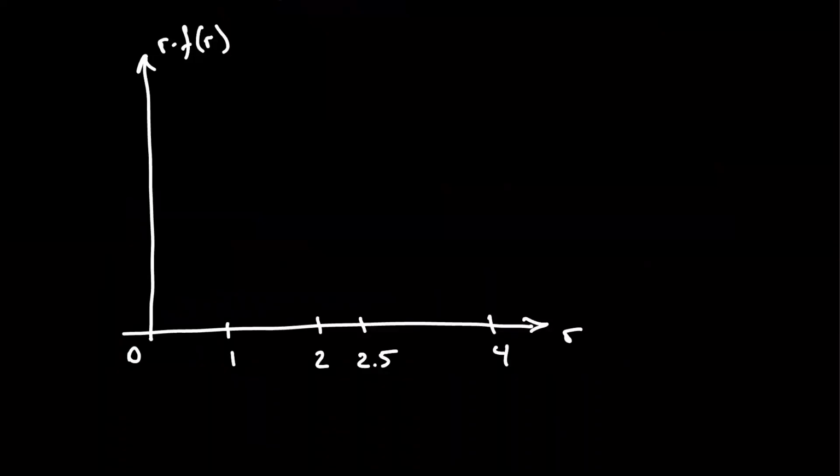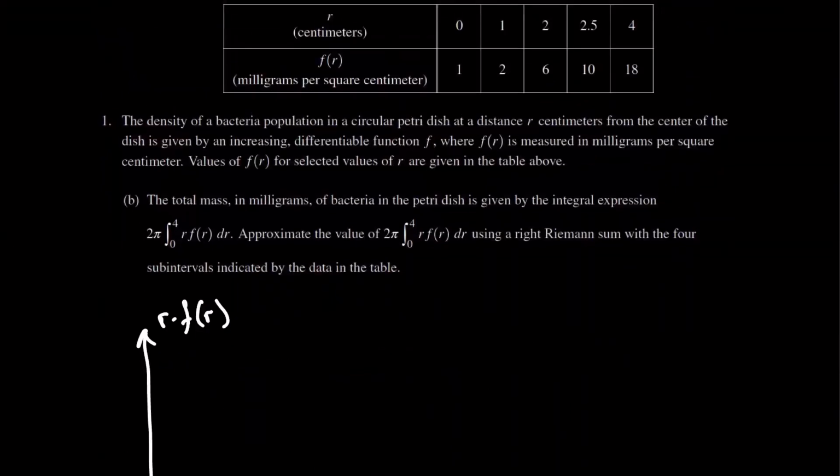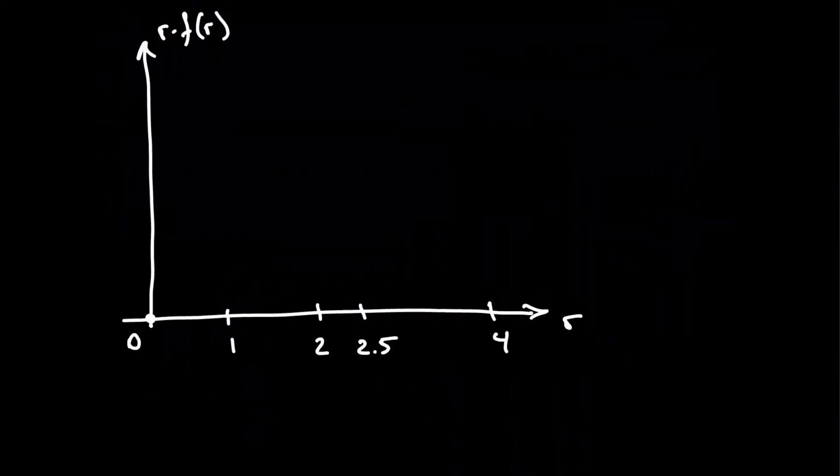And so r times f of r, looking at the table, this is equal to 0 because r equals 0. f of 1 times 1 is equal to 2. So this point is 2.